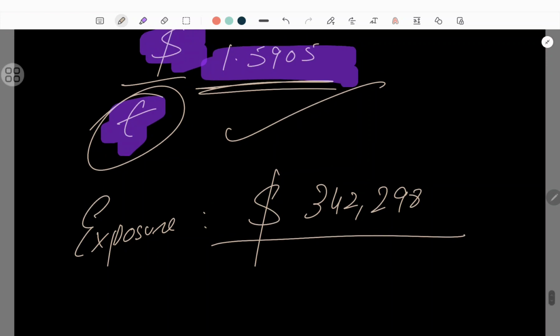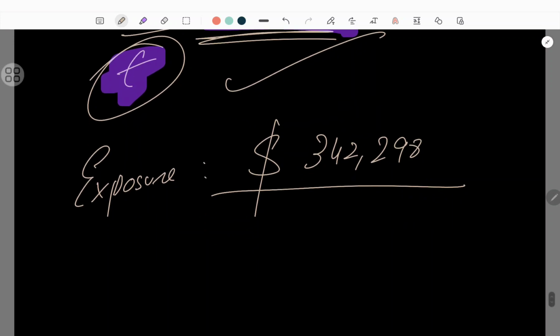Why? Because the common currency, in this case dollar, will only cancel out if I divide, and I'll be left with a pound equivalent, exactly what I want, right? I wanted to buy pounds and I needed to sell dollars. It's the same thing. I had dollars with me, 342,298. I'm selling those and I'm getting pounds. Now what is that amount? Equivalent pounds is what I get from this.